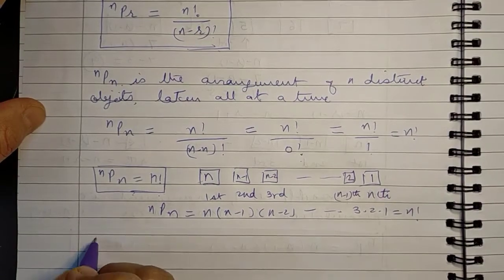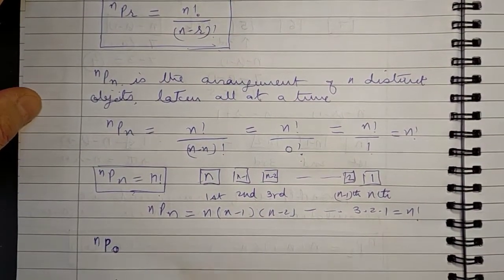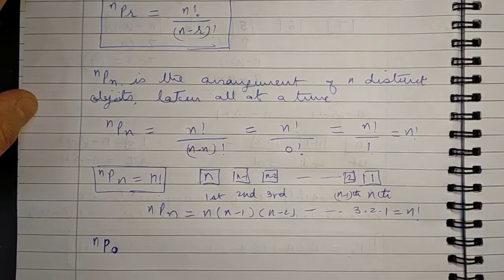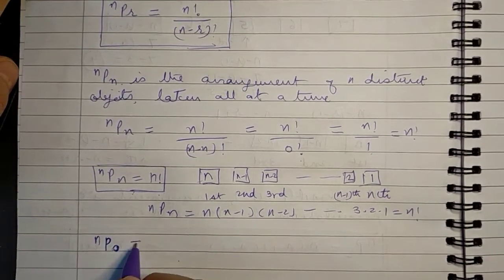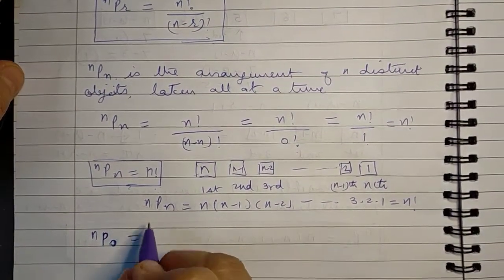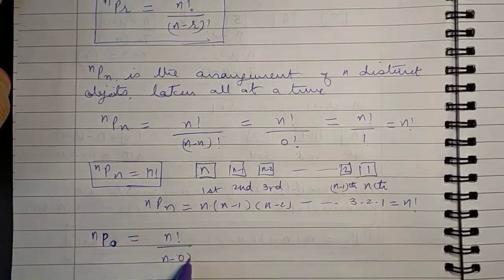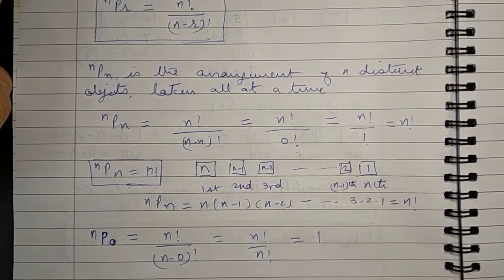Now let's see what nP0 is. By definition, nP0 is the arrangement of n things taken 0 at a time. So we can have n factorial over (n minus 0) factorial, which is n factorial over n factorial, which is 1.